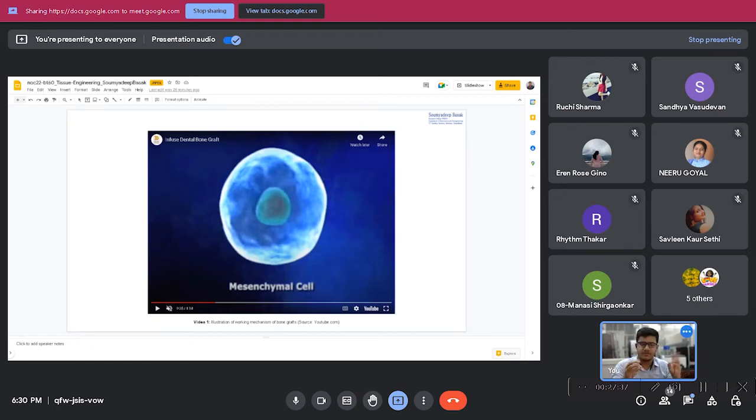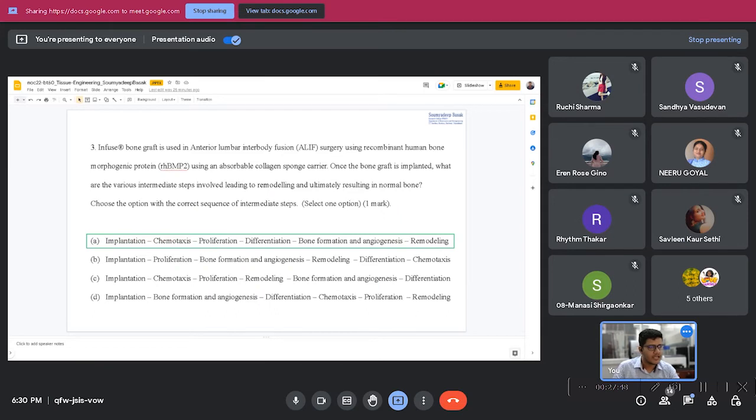They will come rushing from the nearby areas. So our options were like, the first option was implantation. So we have implanted the sponge with rhBMP-2. Then chemotaxis, that is the movement of cells depending on the chemical reagent or whatever the signaling molecules are there. This behavior is called chemotaxis.